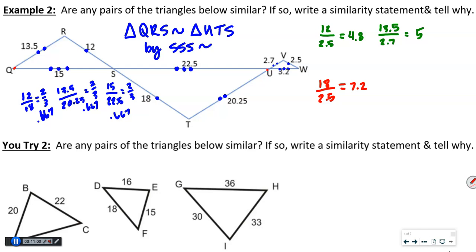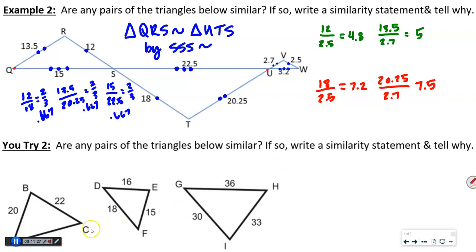And then our middle one, which is 20.25 over 2.7, and that's 7.5. So here we go again. We got our ratio with the first two because it doesn't work with the first and last or the middle and last, okay?